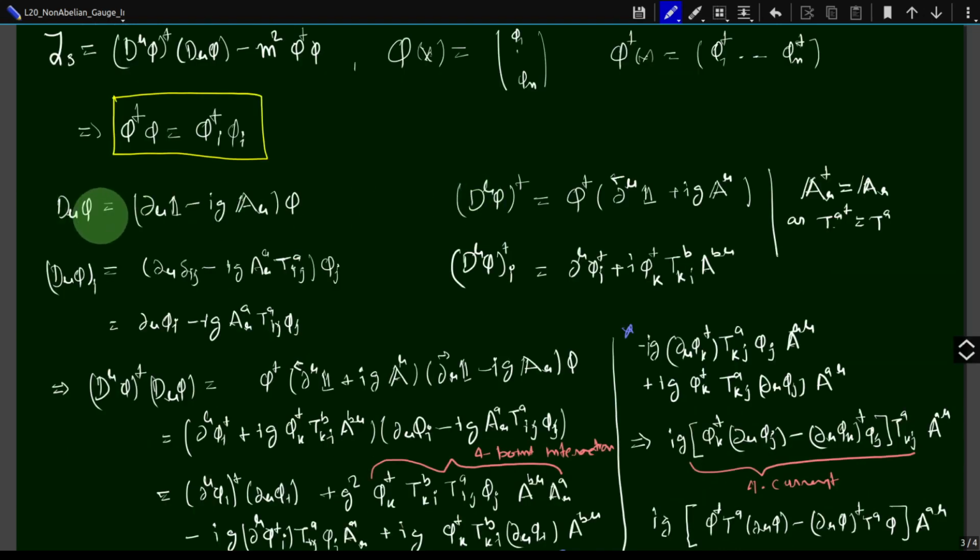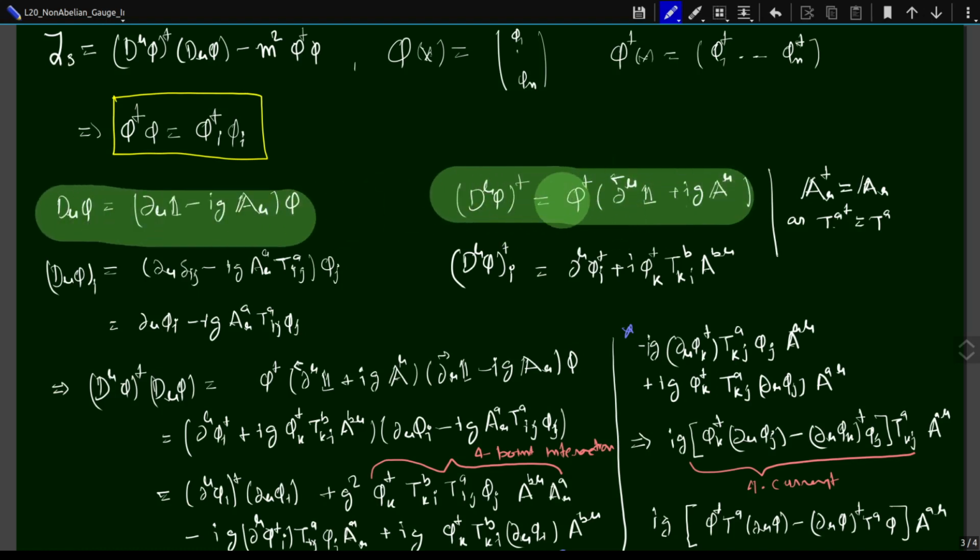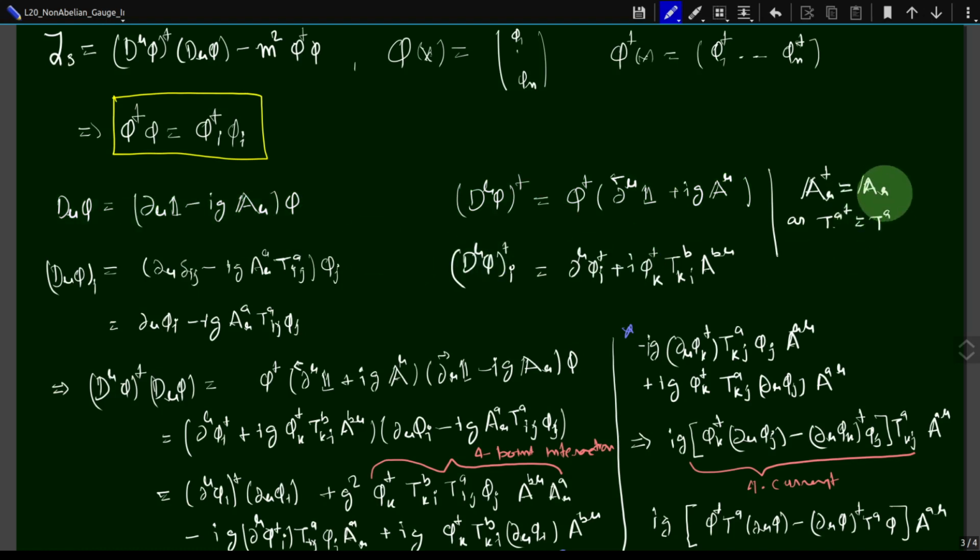Okay, so d mu phi I can write as del mu times identity, this is an n cross n identity matrix, plus ig a mu a times phi. Understandably from here I can write d mu dagger as such, where the derivative is acting to the left here. That's why this arrow on the top indicates, because it's just a dagger of this particular expression. And since a mu dagger is a mu, that is because TA dagger is TA, so it's a Hermitian matrix.